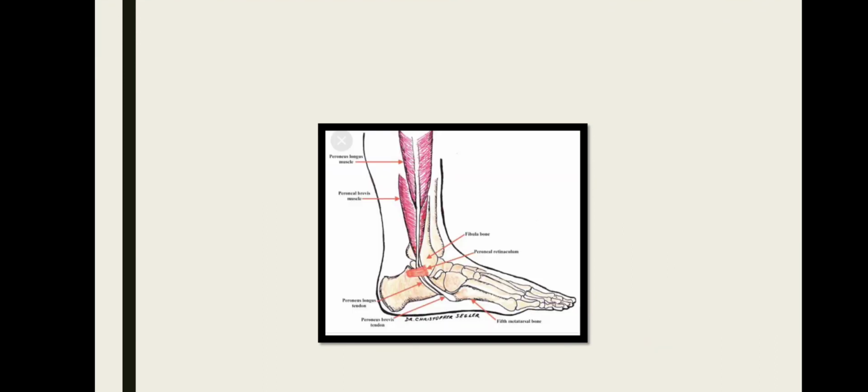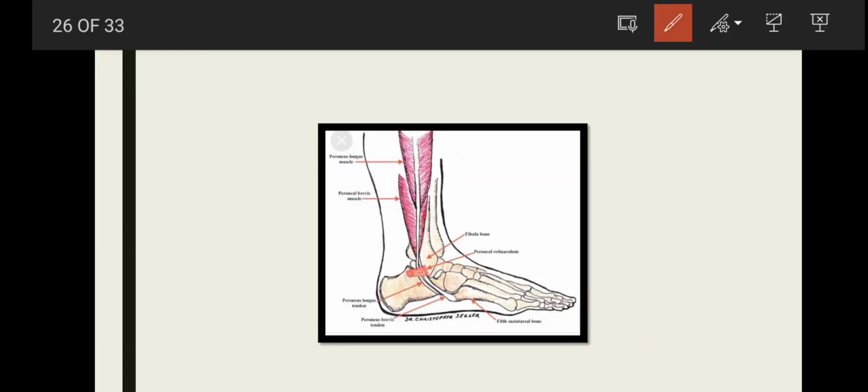Now this is another picture in order to show the tendons of the muscles. See the tendons here, brevis and longus muscle. Brevis muscle lies deeper to the longus muscle. One is towards the base of first metatarsal. You have to know here that the peroneus longus muscle goes underneath towards the first, till here.